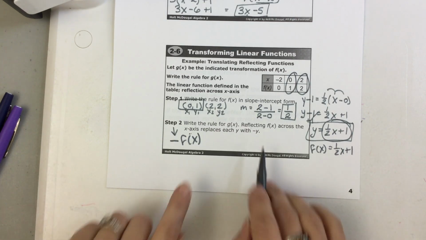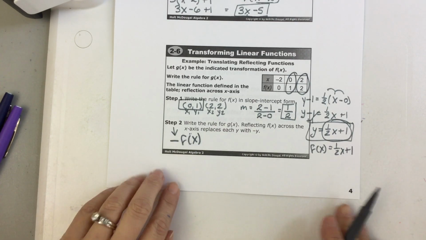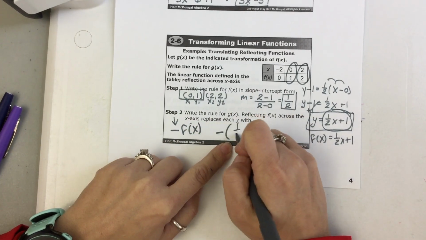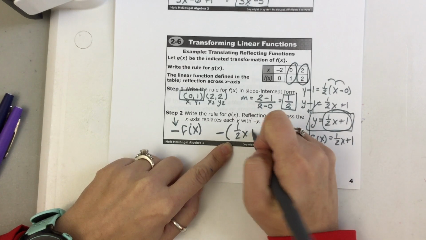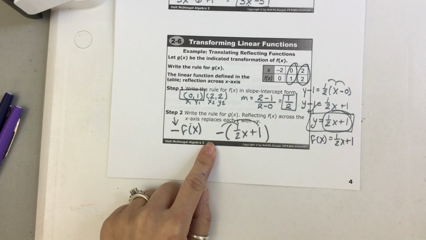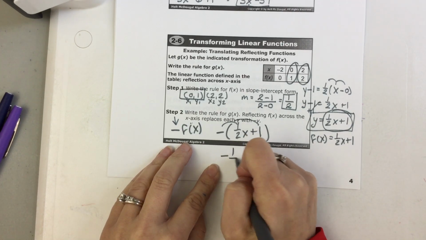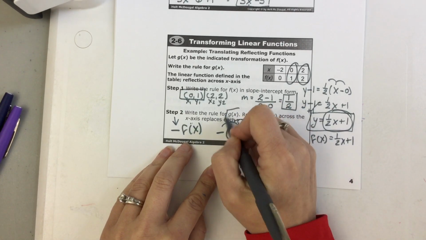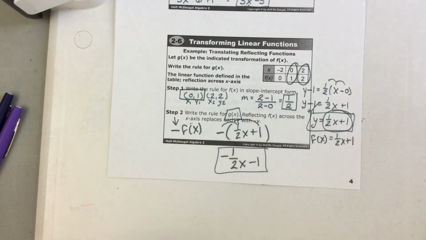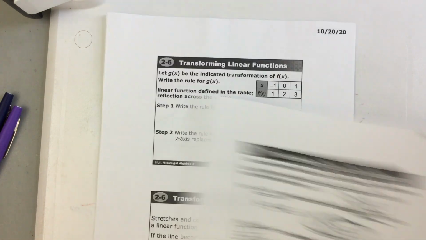So if I want to flip something upside down, meaning that I want to reflect it over the x-axis, I have to put a negative out front of the entire function. So the negative goes out front, it has to be distributed. So your new function, which they're calling g of x, is negative 1/2 x minus 1. Okay, so distributing a negative is how you flip it across the x-axis.